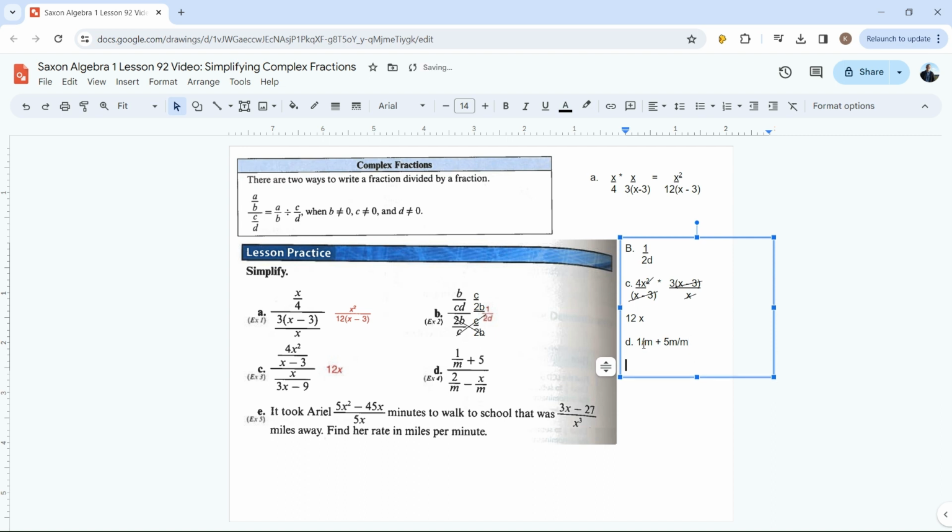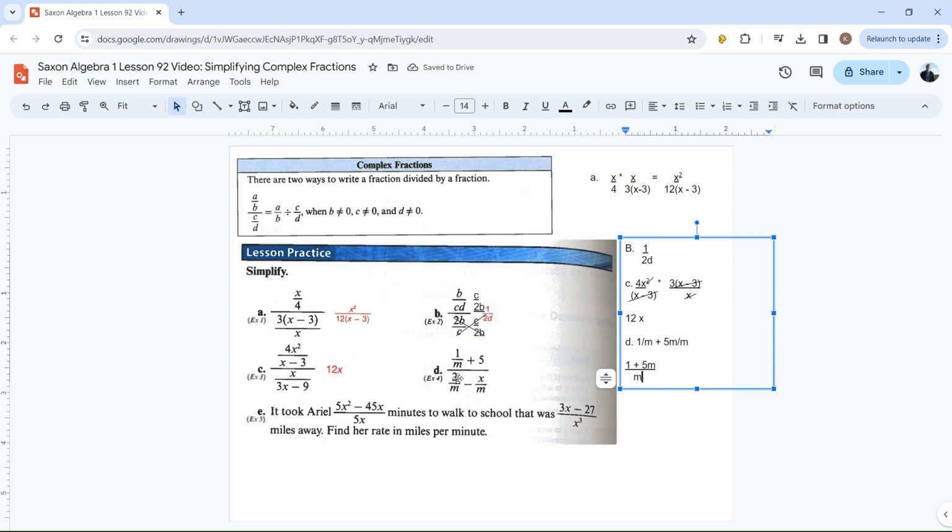Let me just start a new line, and now we're going to use our actual fraction notation for it. So it's going to be 1 plus 5m, and this whole thing is going to be over m. Okay, now that's just what's on top.